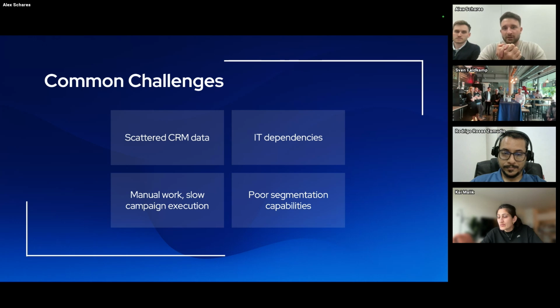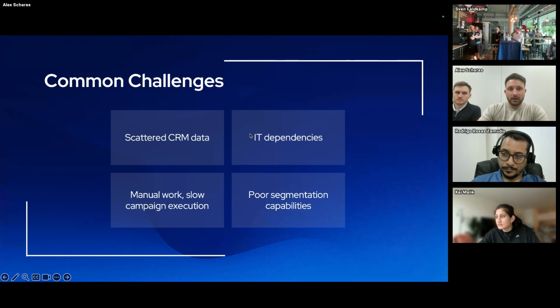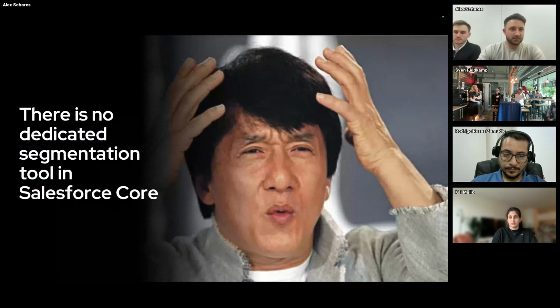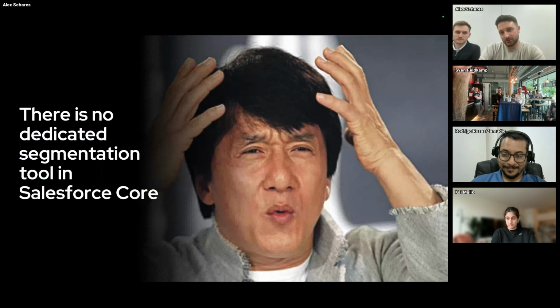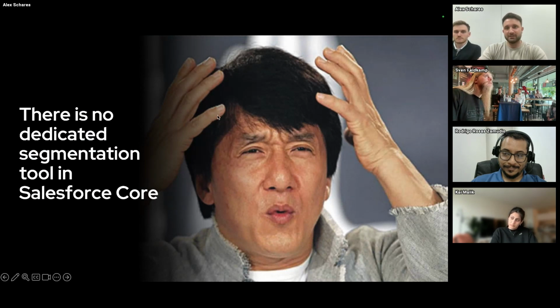Or if they do so, it's lots of manual work, slow campaign execution, and that's really a pain because it's repetitive work over and over again, slowing people down. And in total, it's just poor segmentation capabilities. And I was sitting there for 5 years asking, why is there no dedicated segmentation tool in Salesforce? I was asking myself that over and over again. And one day I was sitting there with Tim and we figured out this needs to stop.